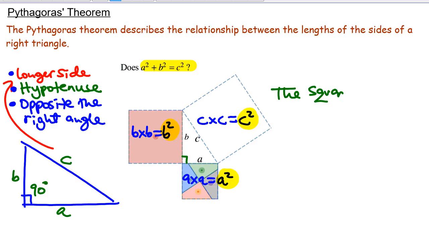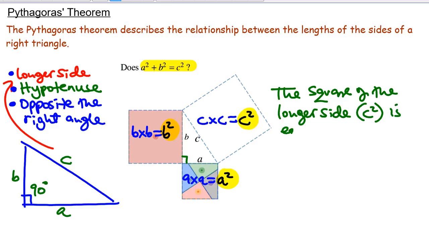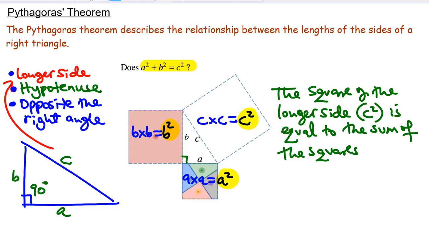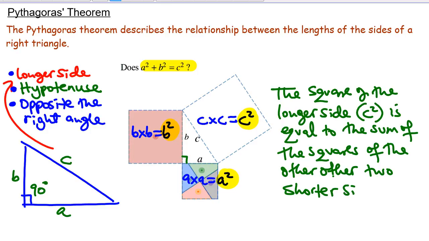the square of the longer side, which is C squared, is equal to the sum of the squares of the other two shorter sides.